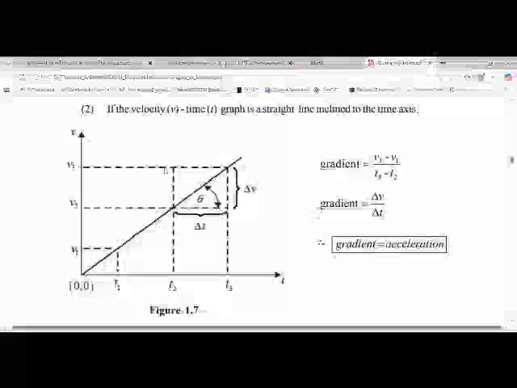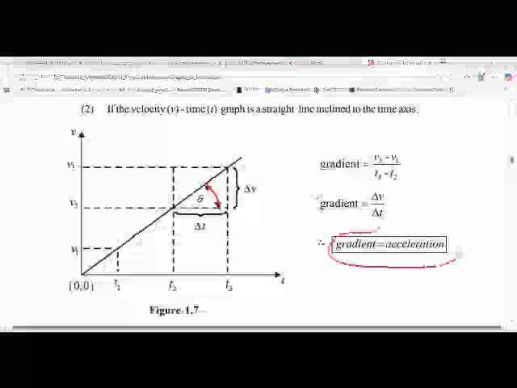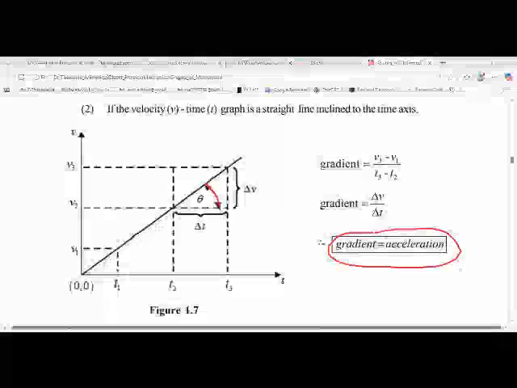Rate of change of velocity equals gradient. So the gradient of a velocity time graph represents acceleration. Also, it's a uniform acceleration because it's a straight line.